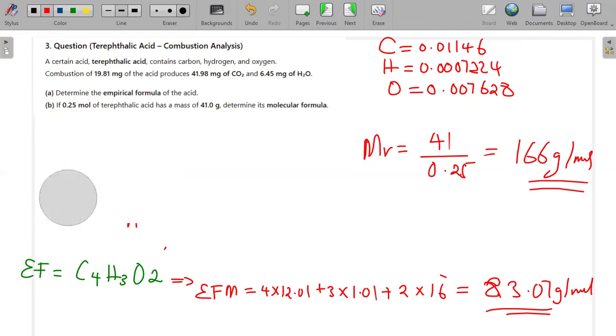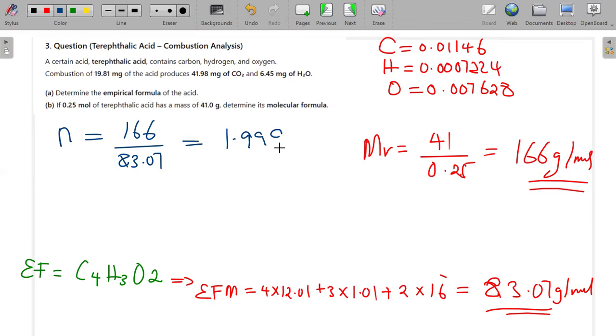Now that I have the molar mass, I can easily find the factor. The factor is the molar mass divided by the empirical formula mass. This gives me 1.9999, so I'll round it off to 2. The factor is 2.